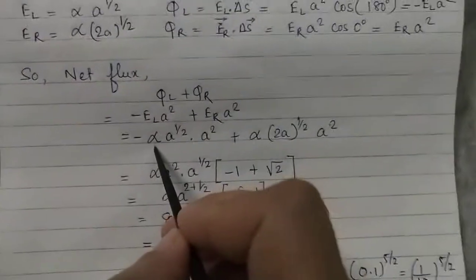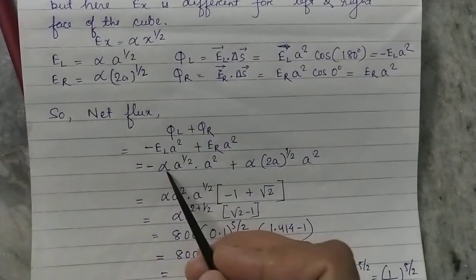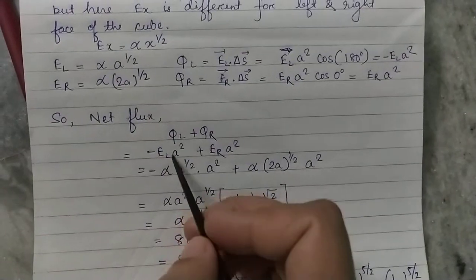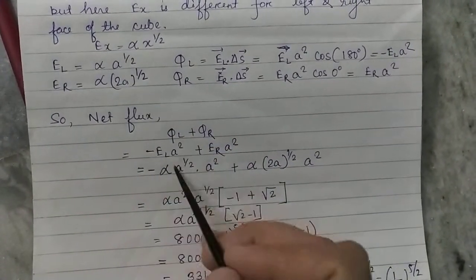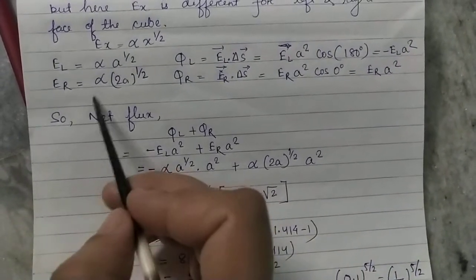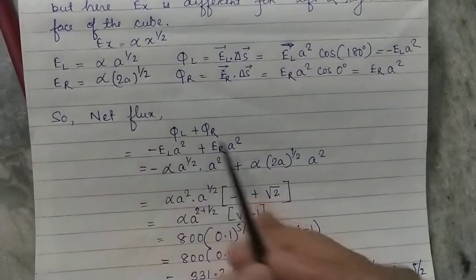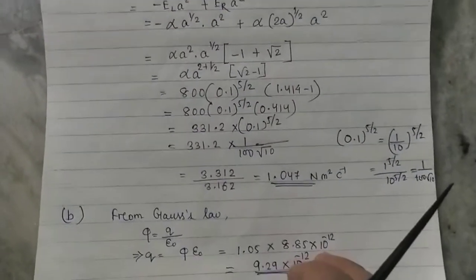So we get minus alpha a to the power 1 by 2 times a squared, plus E_R equal to alpha (2a) to the power 1 by 2 times a squared. The rest is maths.